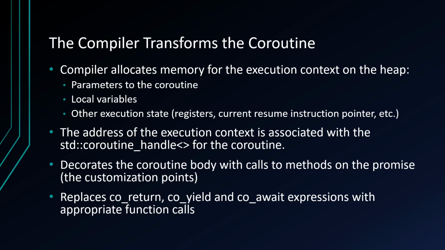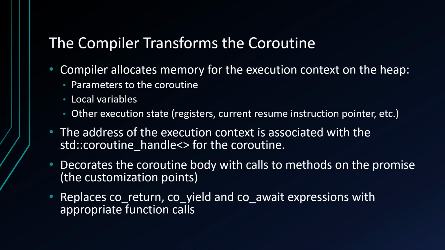Okay, so how does this all really work? Well, what the compiler does is it transforms your coroutine by decorating it with function calls. There's going to be some code that allocates this chunk of execution context, its execution state, on the heap. It's going to take the parameters passed into the coroutine function and store copies of them into that execution state. It's going to set up space for local variables and attach them to locations of memory inside that execution state that was allocated on the heap.